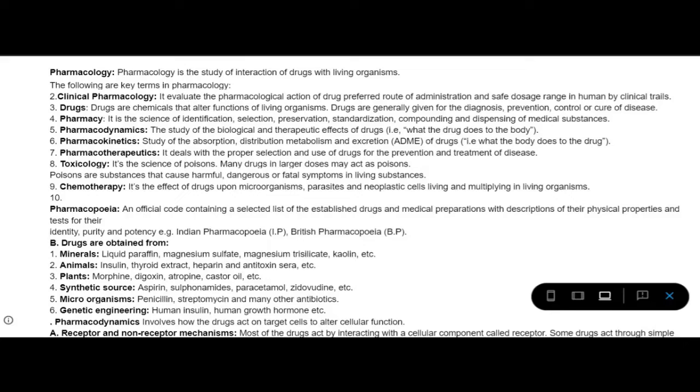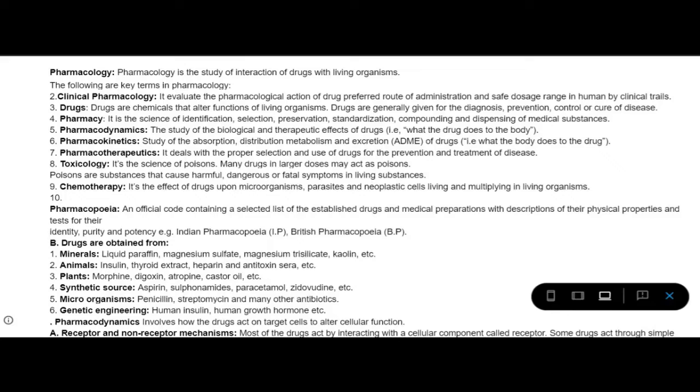Let's also have a look at pharmacotherapeutics. This deals with the proper selection and use of drugs for the prevention and treatment of disease. Proper selection, what do we mean?